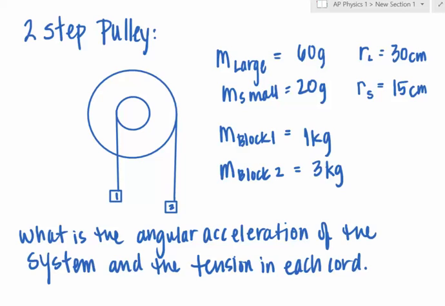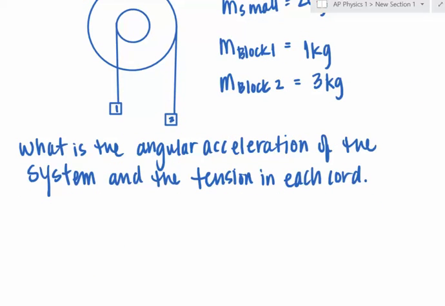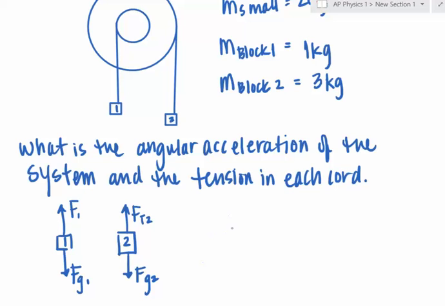So, same thing we've done before. Block 1, FT1, FG1. Block 2, FT2, FG2. Now we've got this two-step pulley business.